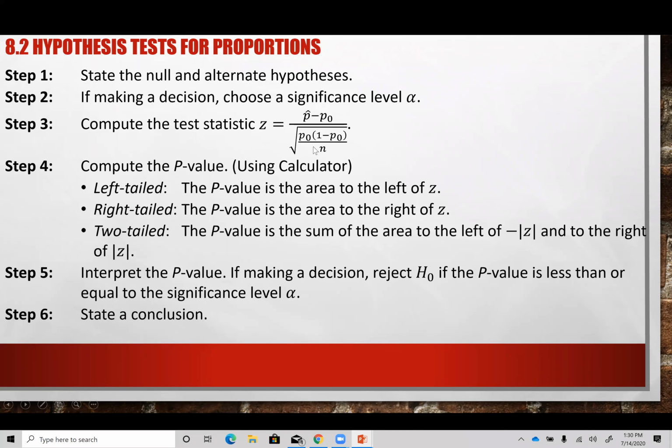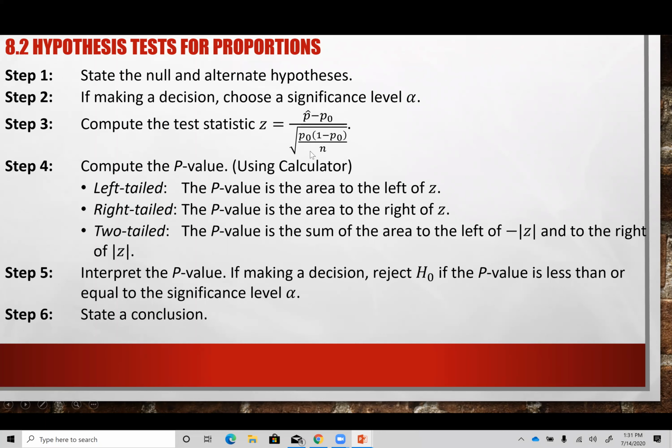In 8.2, you do the z-test, which is the X bar minus the mu divided by the sigma over square root of N. In 8.3, you have the t-test, which is the X bar minus the mu divided by the S over square root of N. And now in 8.4, we have this Z proportional test, which is the P hat minus the P all over square root, the same formula that we use in chapter 5 and in chapter 7.